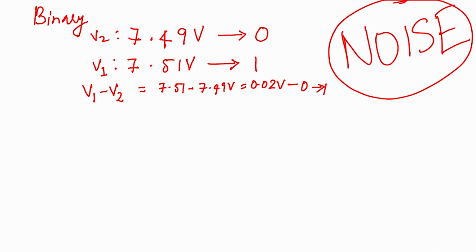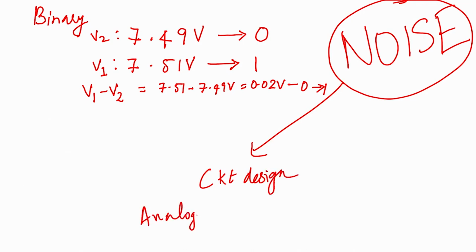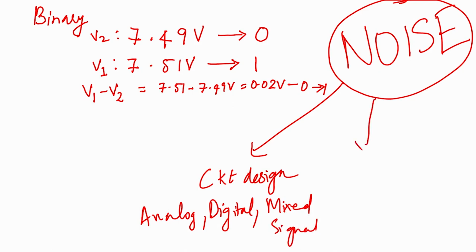Noise comes in circuit design, let us say analog, digital, and also mixed signal design, which is where both come. Noise is an important parameter in communication systems, because we have to take into account the noise level and the noise background in our communication channel.